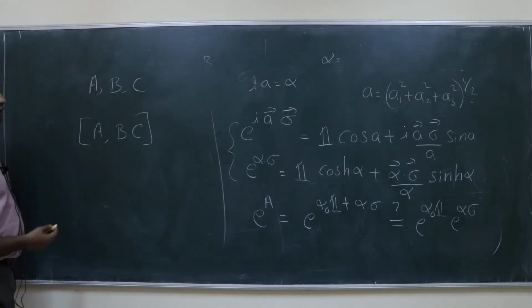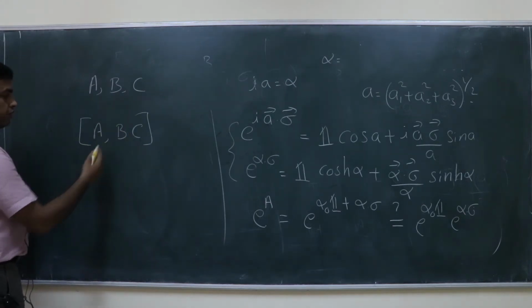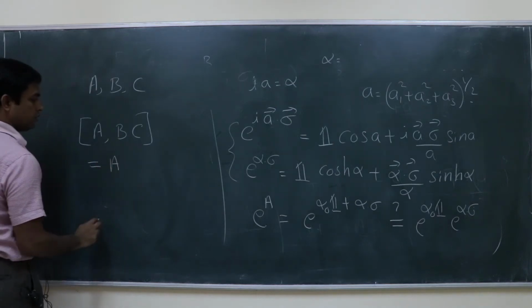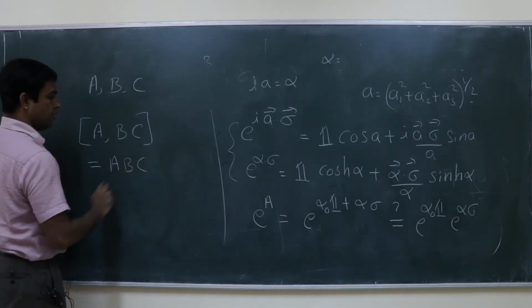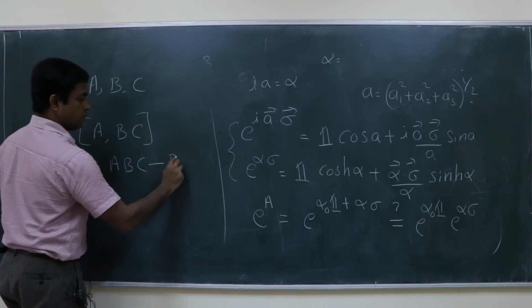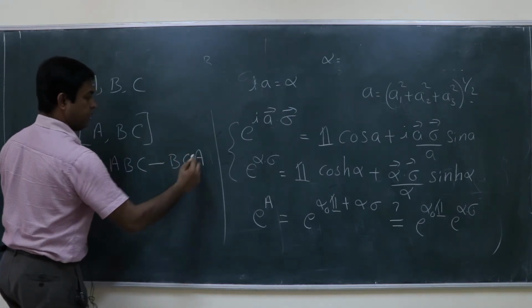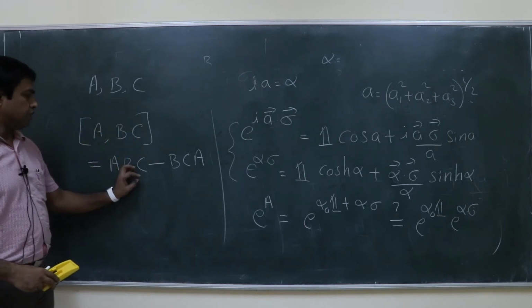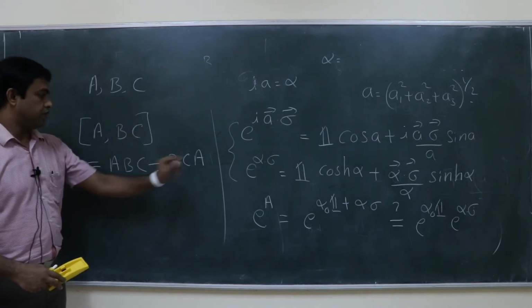So what is this equal to? By the definition of the commutator of A with BC, this is equal to A B C minus B C A. Right? So A times BC minus BC times A.